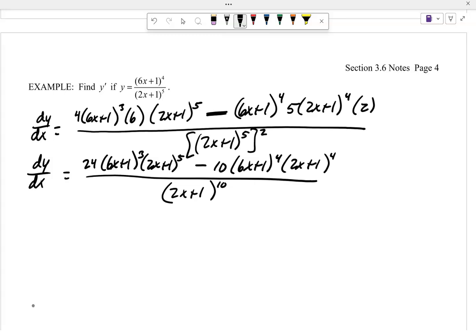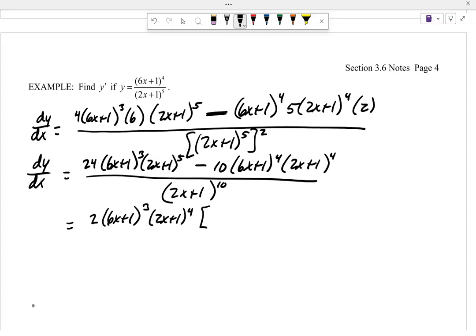So what I'm going to do is take out front, let's see, I could take a 2 out of each of those terms on the top. I can take out 6x plus 1, I could take out 3 of those max. And I could take out 4 of those 2x plus 1.